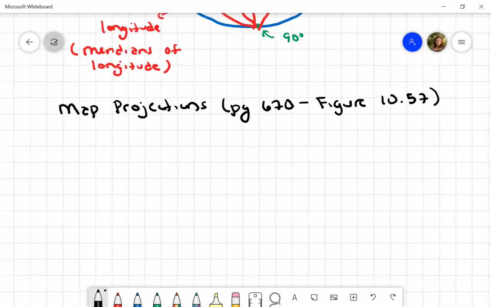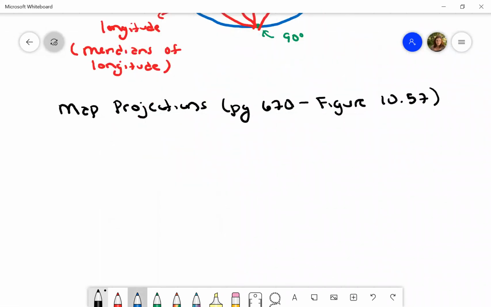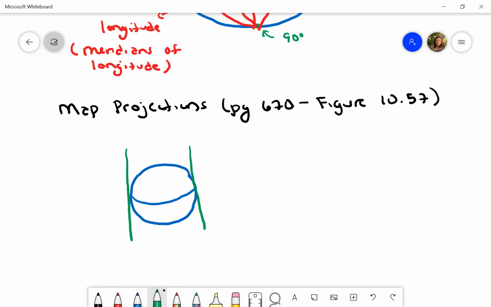So if you were to take the Earth, and here I'm going to draw a little bit smaller sphere this time, so there's the Earth. And you were to surround it with a cone, and project the Earth onto the cone, right?